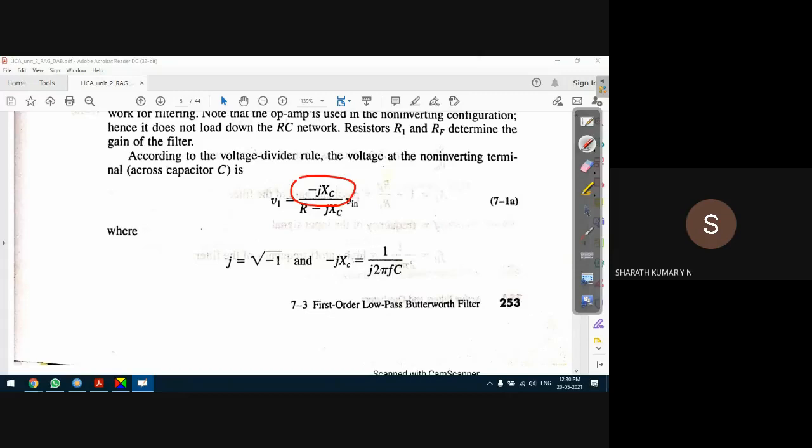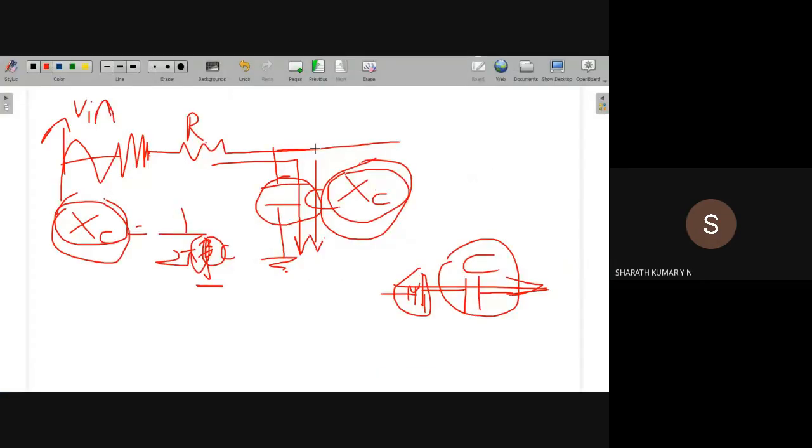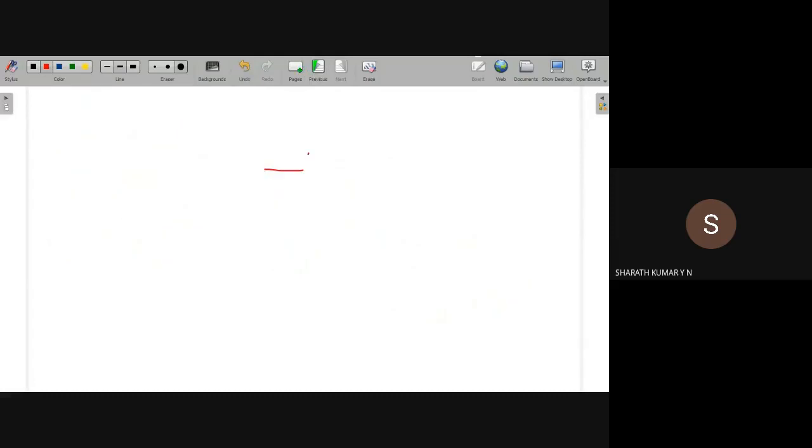On what basis do we represent this as minus or plus? For that we have to consider the capacitor. When it is charging, one end is taken as plus and the other end is minus. When you measure the voltage with respect to one end, it is negative; with respect to the other end, it is positive.